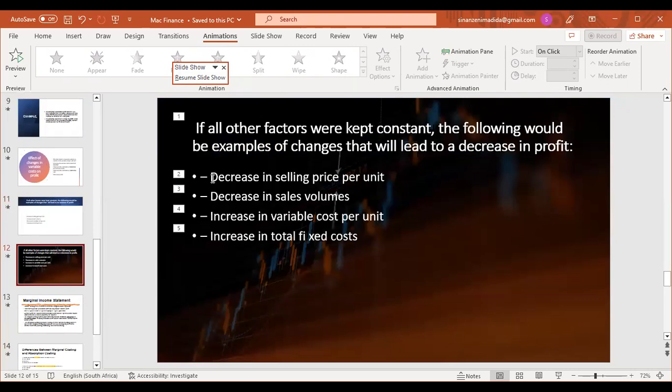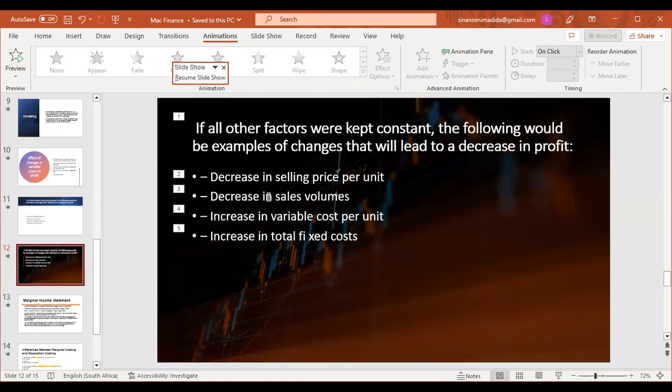Then another statement: if all other factors are kept constant, not changing, the following will be examples of changes that will lead to a decrease in profit. What can decrease our profit? If we decrease our selling price per unit, our profit is going to decrease.